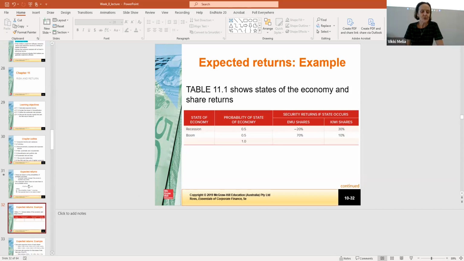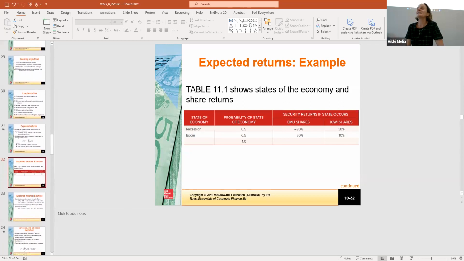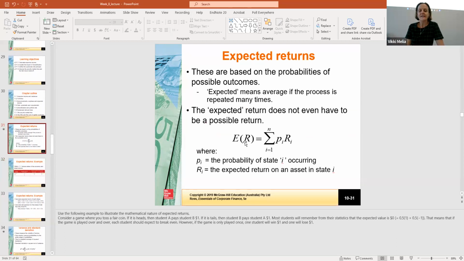So what we want to do is calculate the expected return. So just going back, the expected return is the probability of the state occurring multiplied by the expected return in that state.